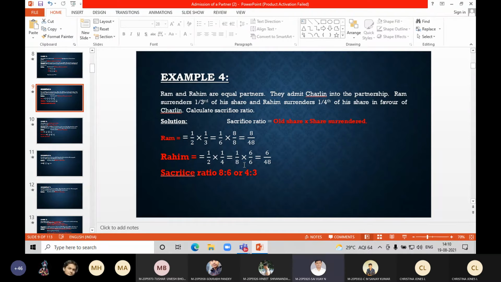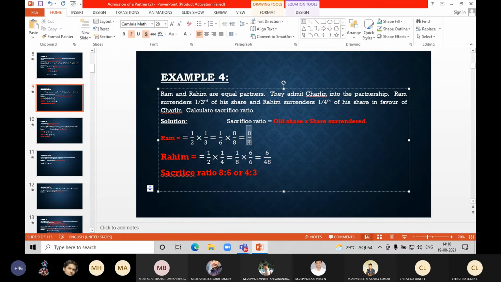Not 48. The earlier example also had this mistake. Will change. 24 should be the LCM.